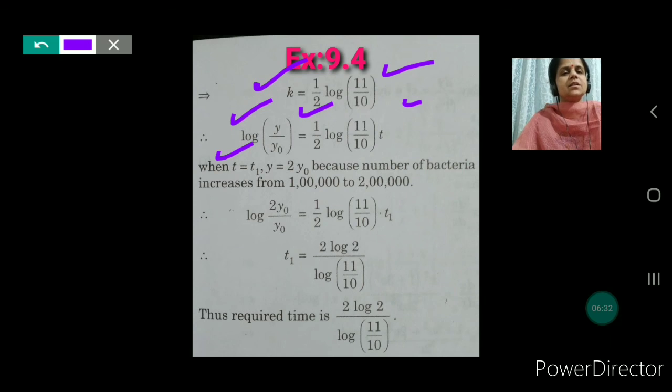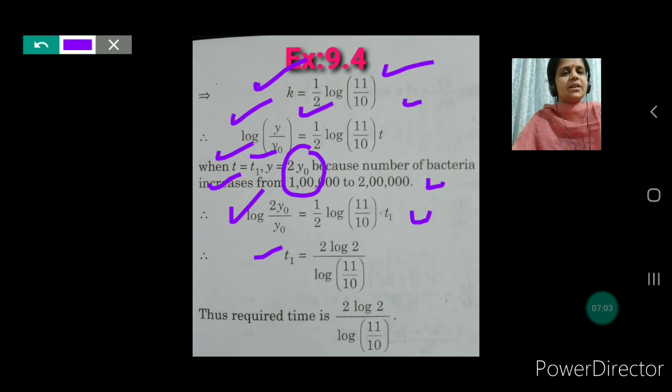When t is equal to t1, y is equal to 2 y naught, because the number of bacteria increases from 1 lakh to 2 lakh. So it is double the initial, so it is 2 y naught. You will get, students, in place of y write 2 y naught. So you will get 2 y naught upon y naught is equal to 1 by 2 log 11 by 10, right as it is, and in place of t it is t1.